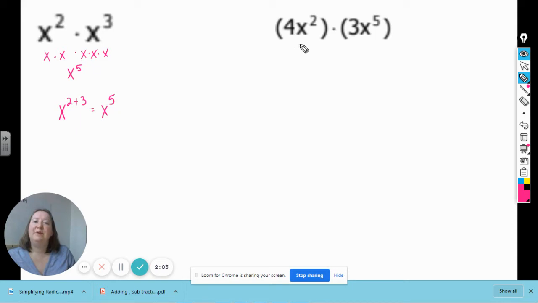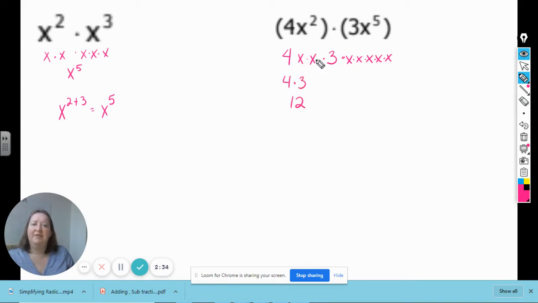If I had to expand this out, I would have 4 and then x times x, and also times a 3, and then 1, 2, 3, 4, 5 x's. When variables are right up next to each other, you can just assume they're multiplied, but if you want, you could put a little dot in between. Those are both accurate ways to show multiplication. Combine what you can: 4 times 3 gives us 12.